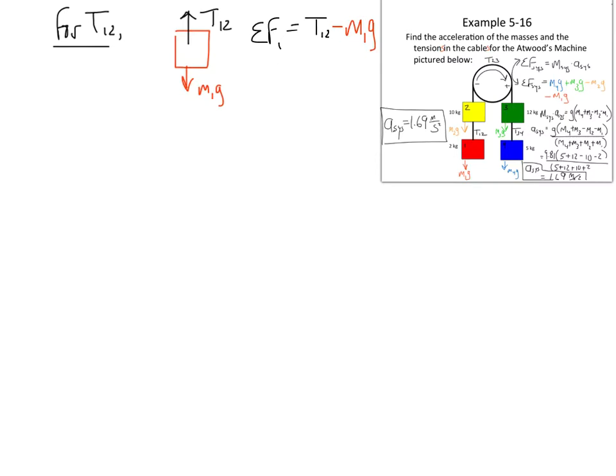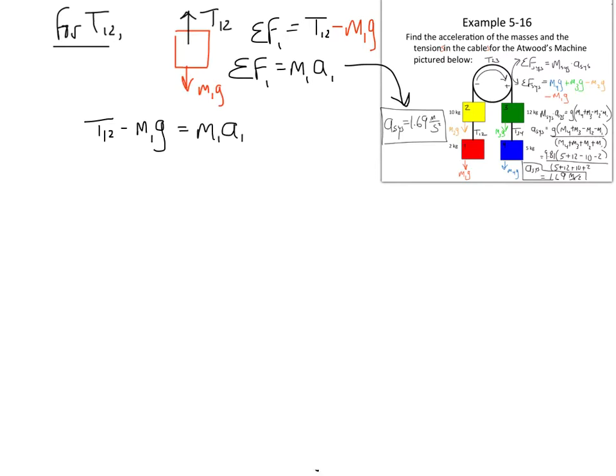The other statement we can make about box 1: the net force on box 1 equals the mass of 1 times the acceleration of box 1, which we know to be the acceleration of the system. Let's set them equal to each other and solve for tension between 1 and 2. Tension 1, 2 minus mass 1 times gravity equals mass 1 times acceleration 1.